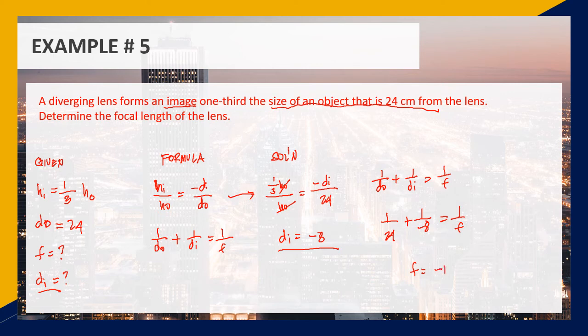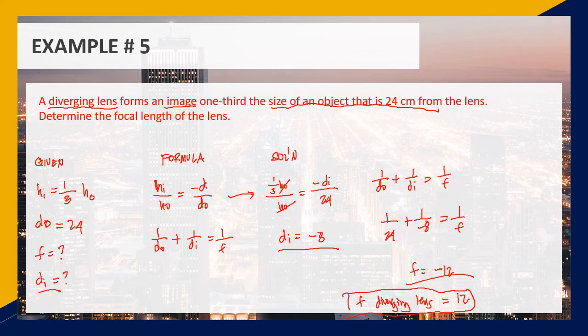Since this is a diverging lens, and it is the diverging lens we are looking for, the final answer is: focal length of the diverging lens is equal to 12. Okay? That can be the answer. So it is clear, it is the same as the mirror formula for spherical mirrors.